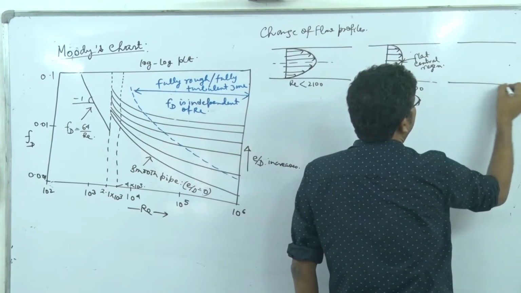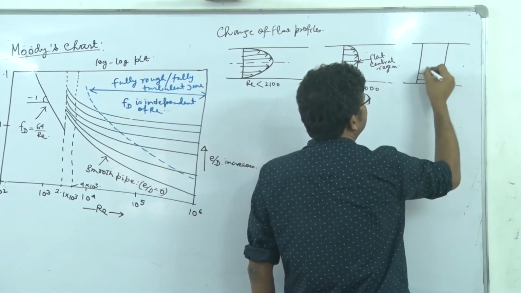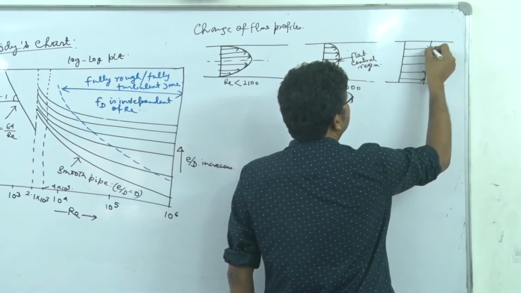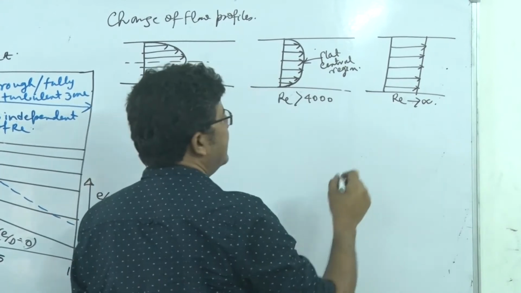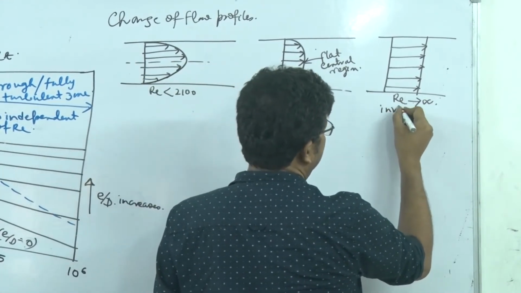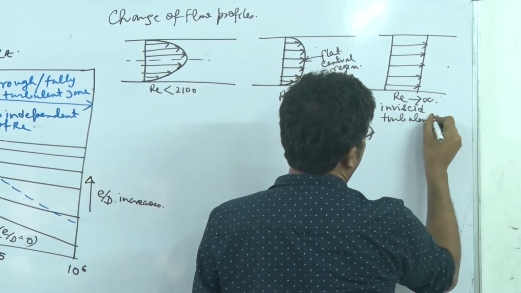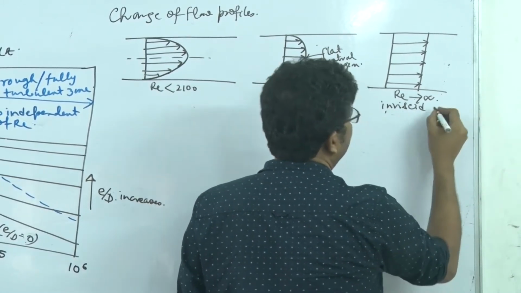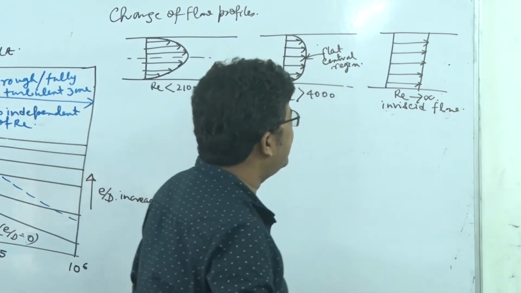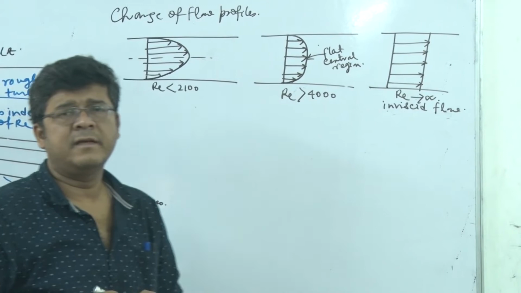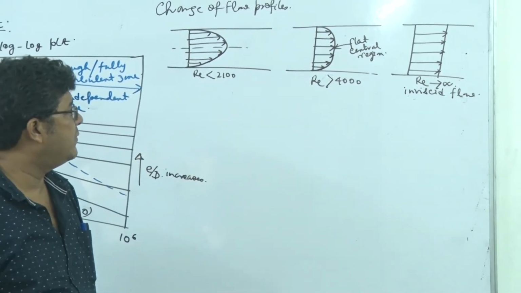If we go to a very high Reynolds number tending to infinity, it becomes inviscid flow. Turbulent flow approaches inviscid flow when the velocity tends to nearly infinity.